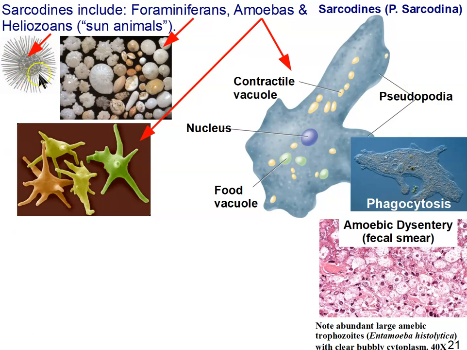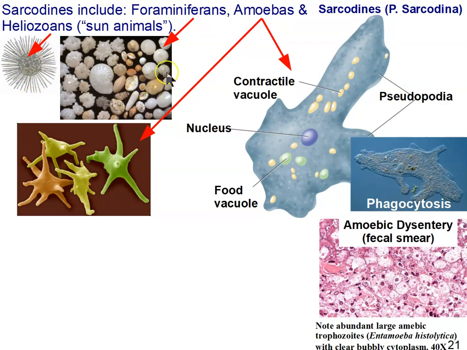And you should recognize this as being an example of this kind of sarcodine that you're looking at in the lab that was known as actinospherium. So this looks like actinospherium. And these rays that are coming off of the heliozoan are pseudopods, but they're specialized pseudopods that we refer to as actinopods, actually. So amoebas, foraminiferans, heliozoans.